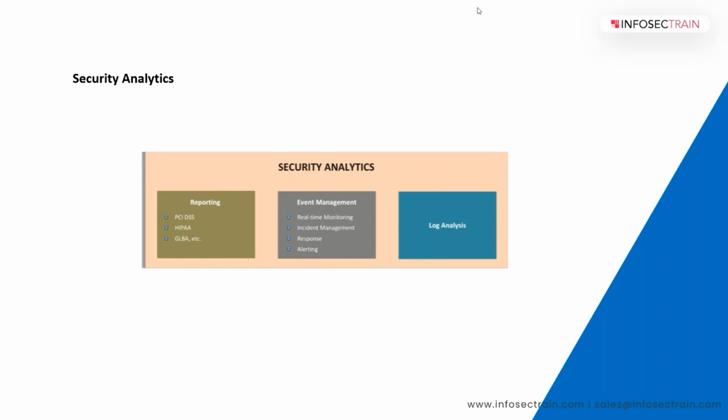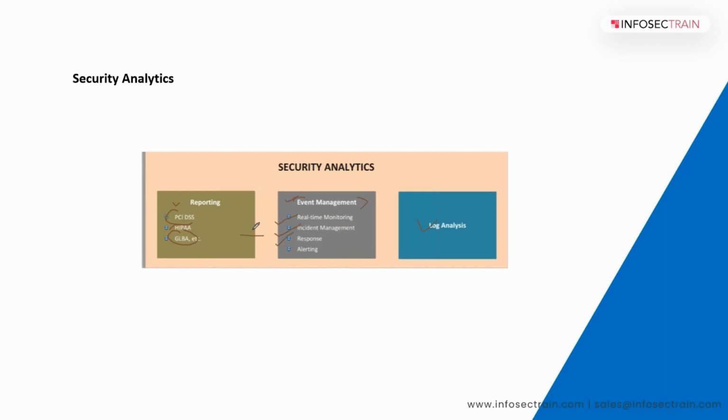So what do we have in security analytics? We have reporting, event management, and log analysis. Reporting for PCI DSS, HIPAA, GLBA, GDPR. We are going to manage all the events in real time. If any incident has happened, we have an incident management team, and then the IR team is going to respond to that incident.